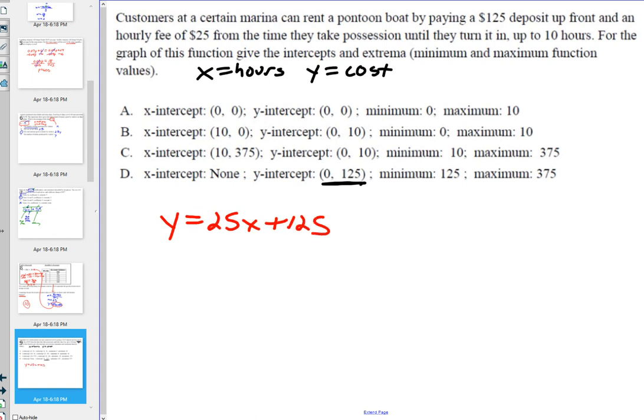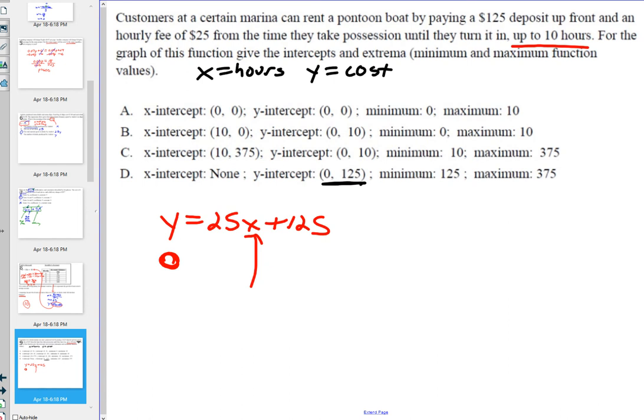But by saying up to 10 hours, they're just saying that this x can't go beyond 10. The reason why there is no x-intercept is because if you are going to indeed use the pontoon boat, there is no way to make the cost 0. You're going to have to pay something. That's why they say there's no x-intercept there.